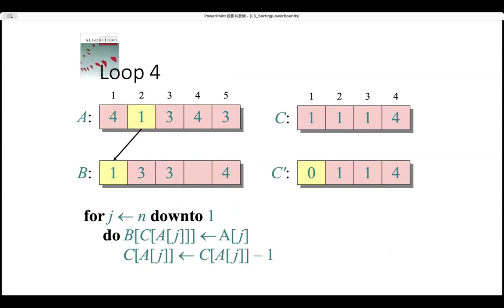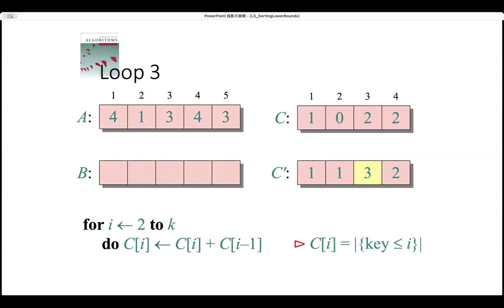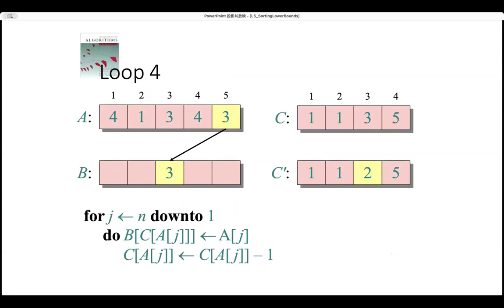Let's go back to here. That is because in the fourth loop, we are doing this from the back of the input array.